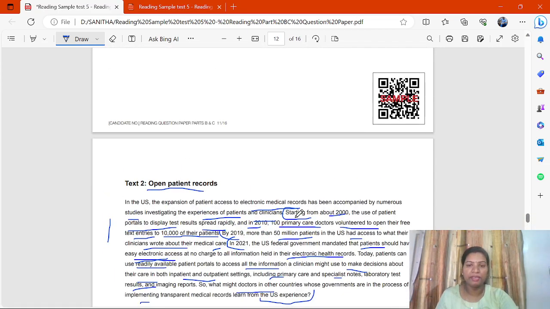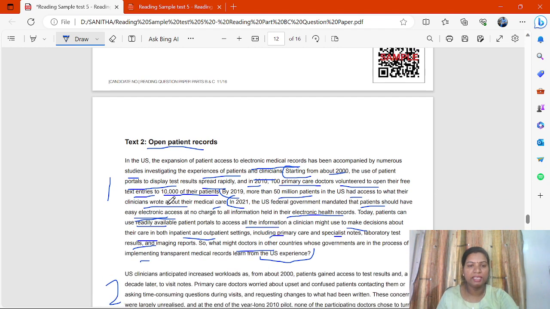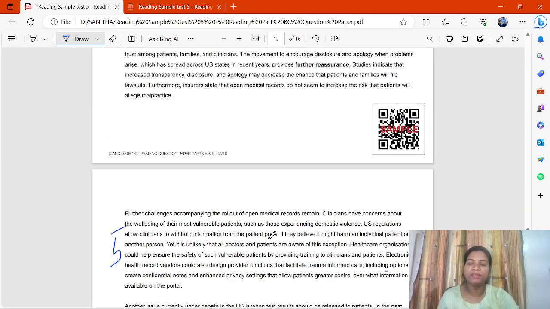From here, starting from 2000, the use of patient portals to display test results increased rapidly, and by 2010, primary care doctors volunteered to open the free test. But it has happened over time. When the electronic medical record started in 2000, it continued to 2010, 2019 and 2021. What period of time are they talking about?